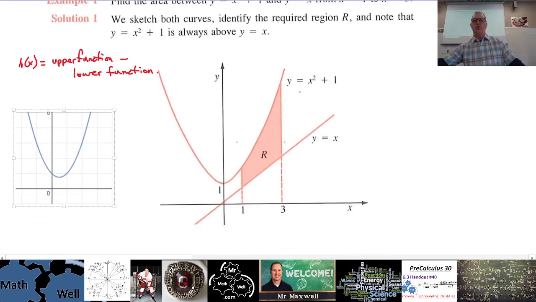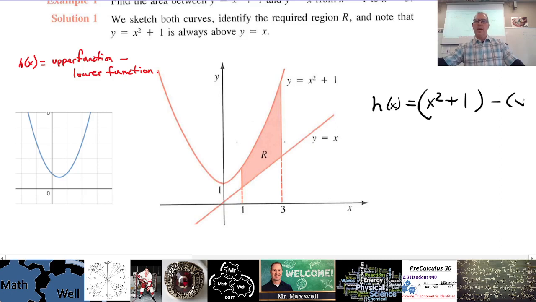Now, if we subtract the upper function minus the lower function, we would have a new y, and let's call it h of x, which is x squared plus 1 minus x, which gives us this function right here, x squared minus x plus 1.